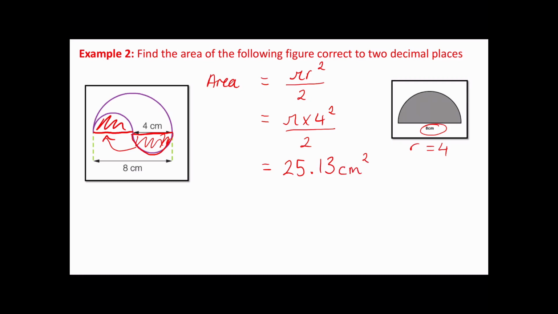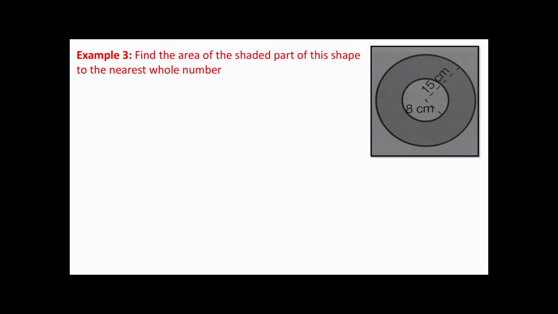Okay, one more before I get you to go off and have a shot at this yourself. So this time we're finding the area of the shaded part of the shape, so this bit here, and they want our answer to the nearest whole number. So it's going to involve circles, but let's have a think about how we can access that shaded part of the shape.